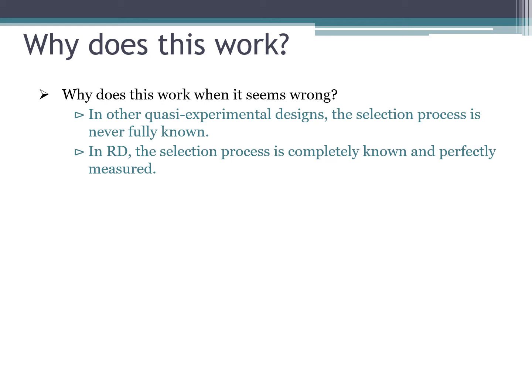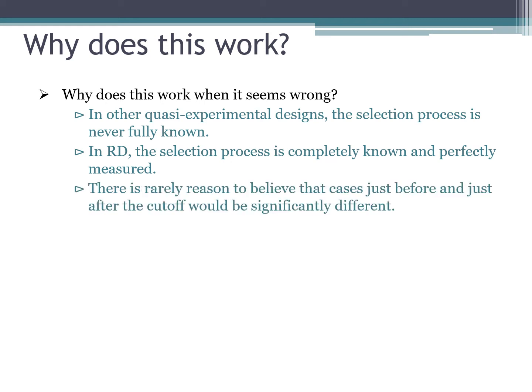But we can still account for that. There are ways statistically to account for that, and I think both books discuss that possibility. But for the most part, even if there are some inconsistencies in assignment, we can still deal with that using instrumental variables, which I believe is the topic of the next lecture. But in most cases, as long as we are assigning carefully according to that assignment variable, then we know that selection process perfectly.